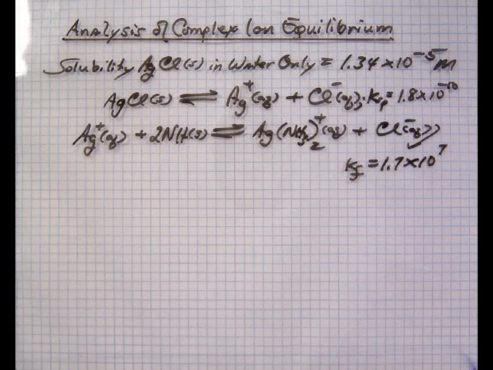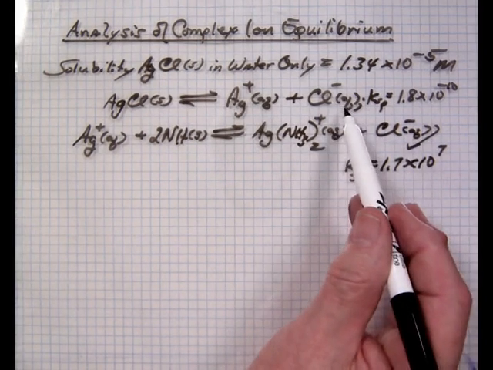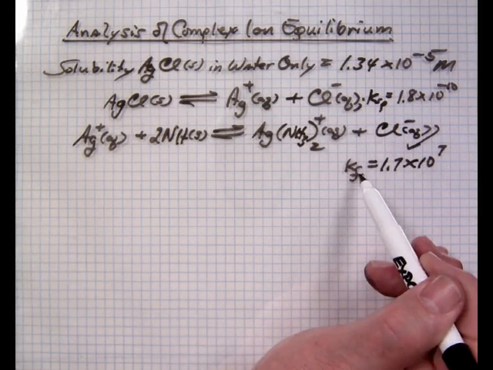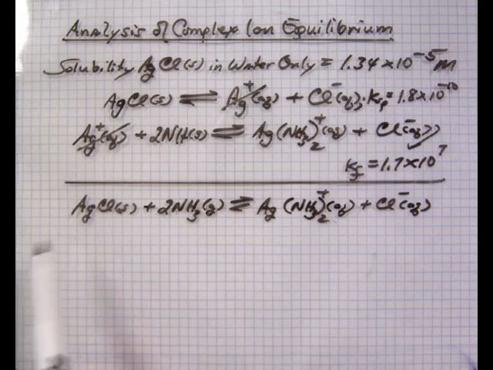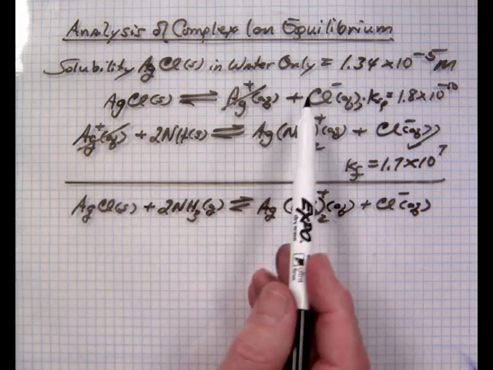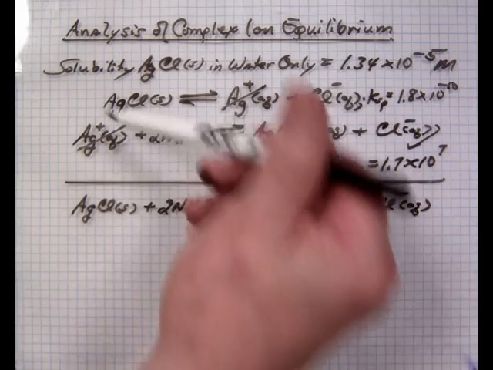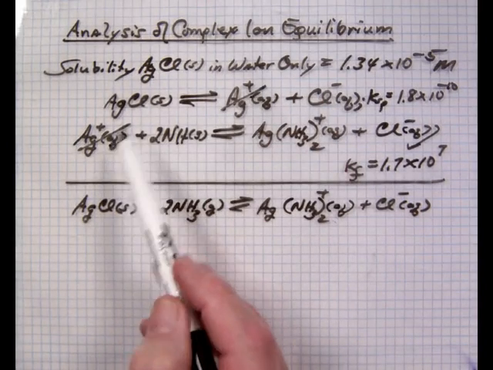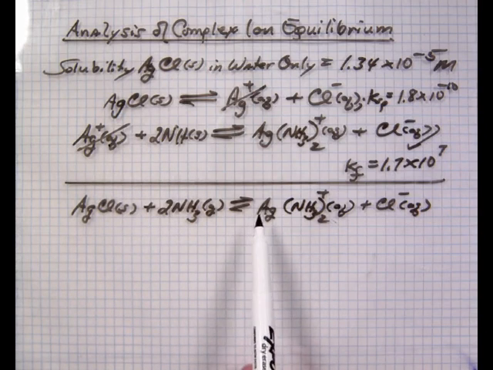Now these two reactions are added together to get a net reaction, which we apply to the equilibrium expression, and the equilibrium constant for the net reaction is the product of these two, KSP and KF. So we see if we add the silver chloride ionization and the reaction of silver with ammonia, add the two reactions together, silver will cancel out, and then the remaining components would be silver chloride, ammonia, the silver amine complex, and the chloride ion.